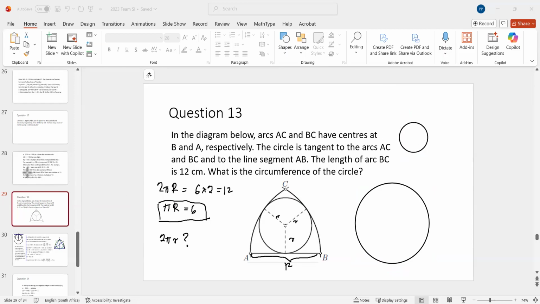Right. And we want the circle to be touching this circle. I'm going to push this thing so that it touches it.